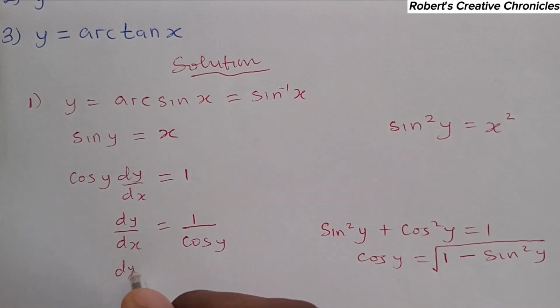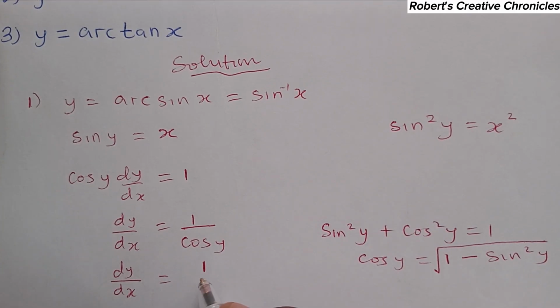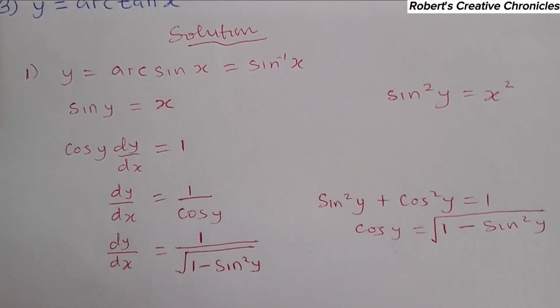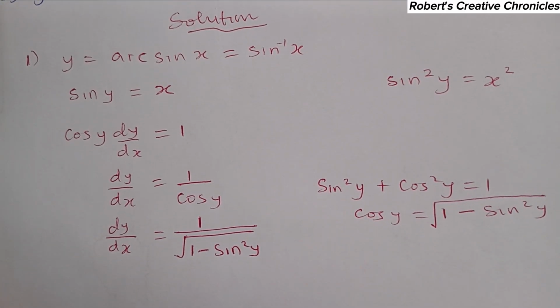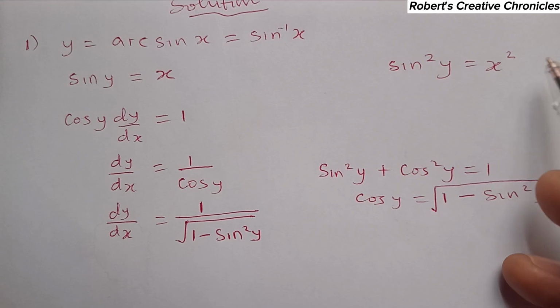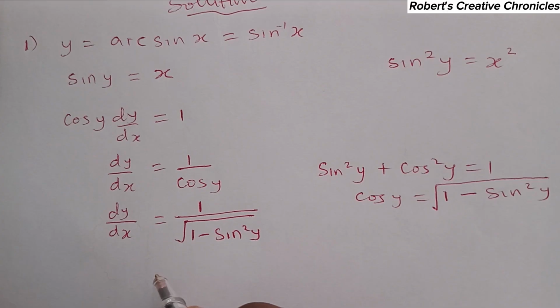So this is it. So now we'll put this here. So dy over dx will be equal to 1 over root of 1 minus sine square y. So this is the future I was talking about. Now we can substitute this here. So instead of sine square y, we'll put x squared.